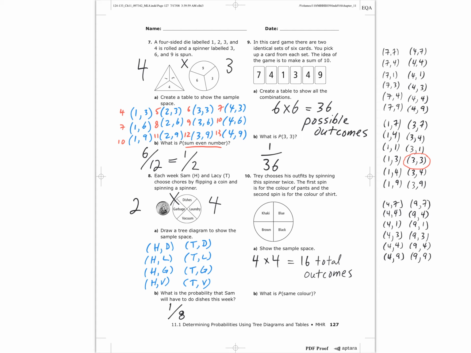So the probability of him getting the same color is 4 out of 16, or we can reduce it to a 1 in 4, 25% chance. So Trey could be wearing really ugly, clashing, just solid khaki on a particular day if he's not careful, and there is a 1 in 4 chance of him having matching pants and shirts.